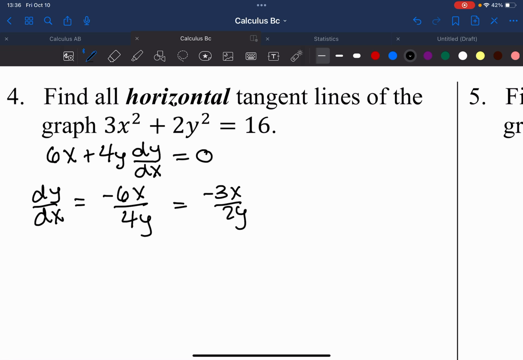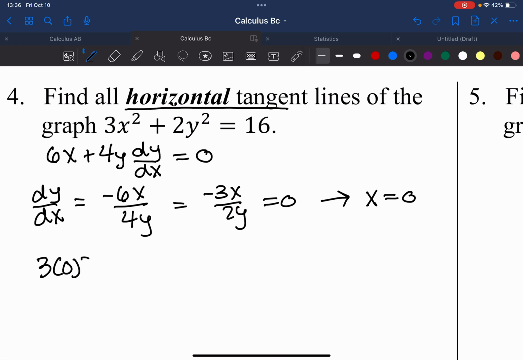Since this is a horizontal tangent line, I know that this slope dy/dx is equal to 0, which implies x has to be equal to 0. So if x is equal to 0, then I can plug 0 in for x to find y.